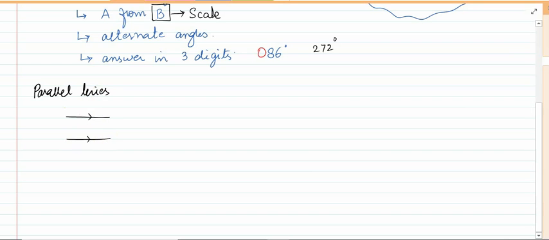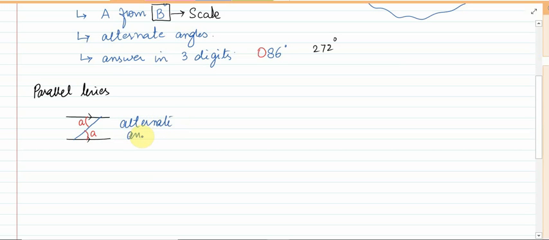So there is an example of parallel lines. Now if a single line cuts these two parallel lines, then we say that this angle and this angle are equal, and we refer to them as alternate angles, right?